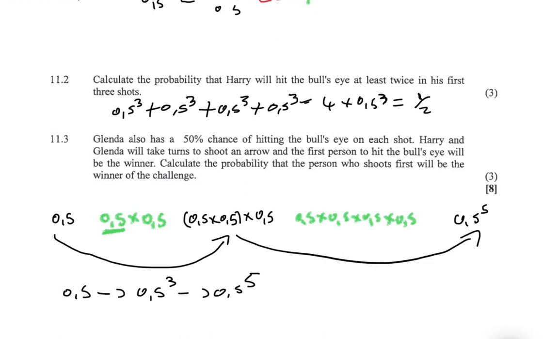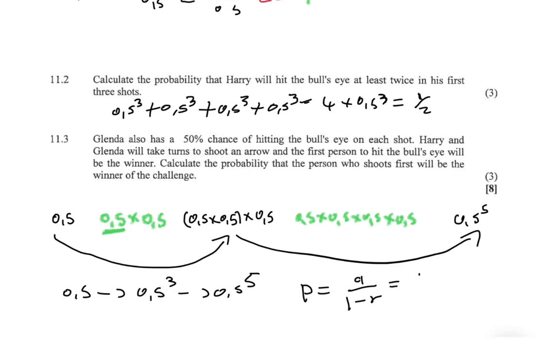Since this geometric series is converging, we can calculate the sum of the geometric series to find the probability of that person. So that probability will be equal to A, the first term, divided by 1 minus R. We know that A is 0.5 because that is the first term. We know R will be T2 divided by T1, or T3 divided by T2.